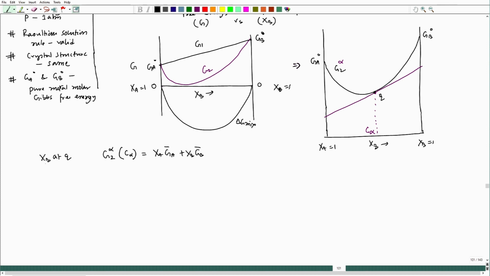So at Q, which is C alpha, we know that XA plus XB equal to 1.